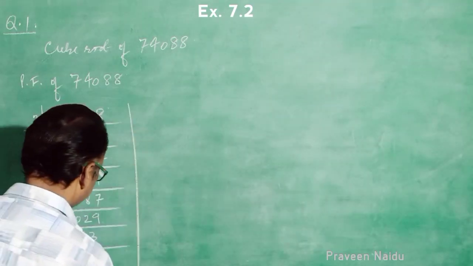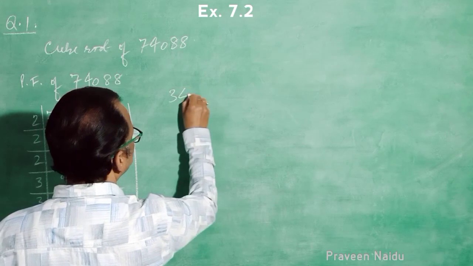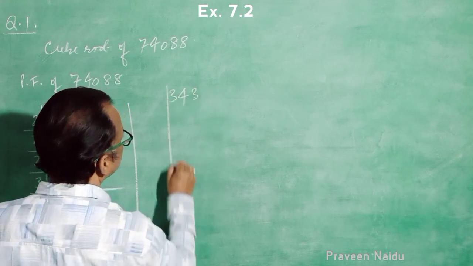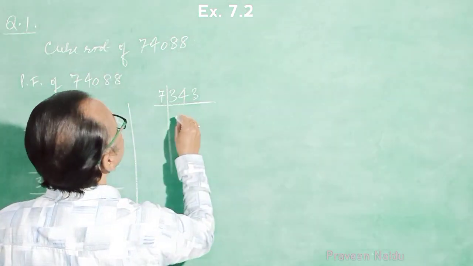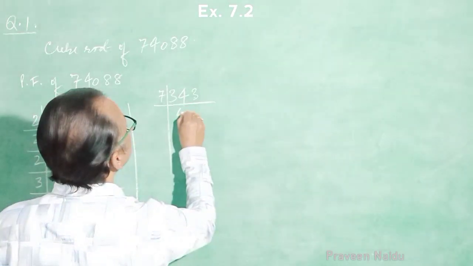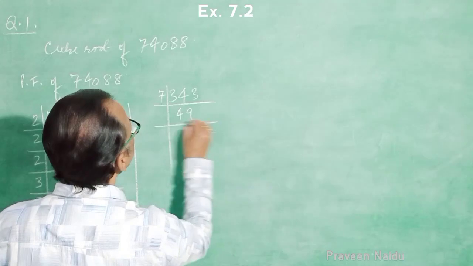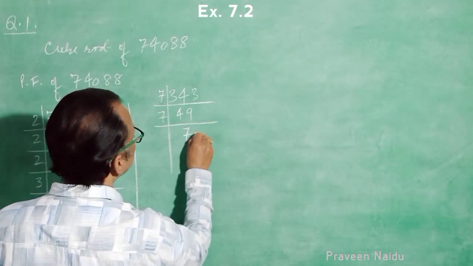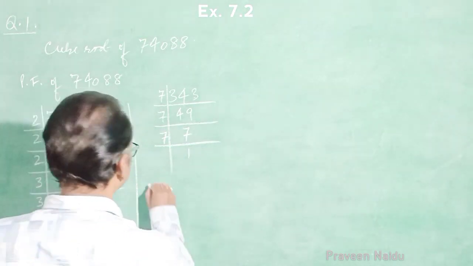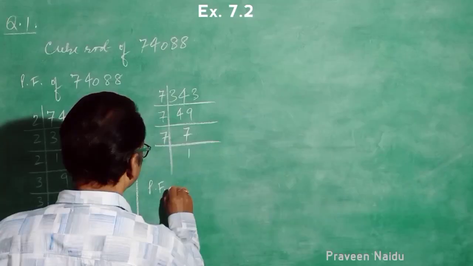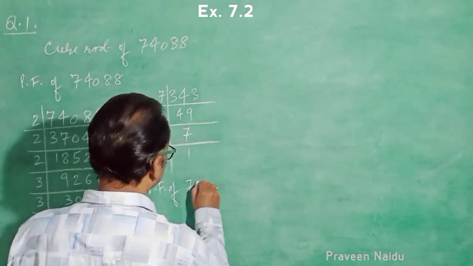In this case, the factors are 3 times 2, 3 times 3 and 3 times 7. 2, 3 and 7 all occur in cubes.